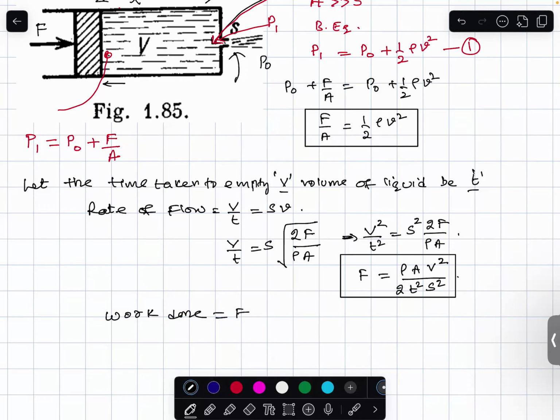Let us assume that this is of length L. W is equal to F into L, F into V by A. Therefore, finally, F by A can be written as rho V cube by 2T square S square.